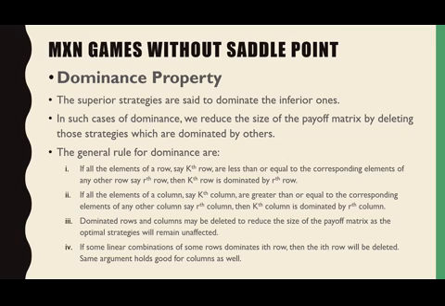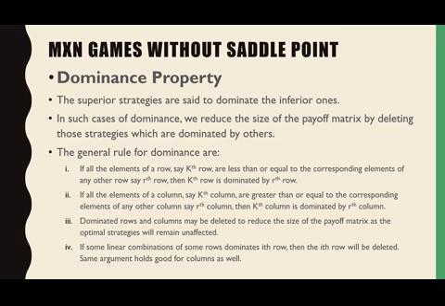Okay? Similarly, with respect to columns, the rule says if all the elements of a column, say the kth column, are greater than or equal to the corresponding elements of any other column, say the rth column, then the kth column is dominated by the rth column.